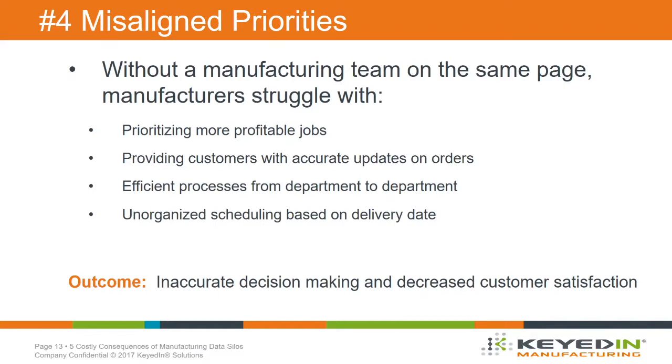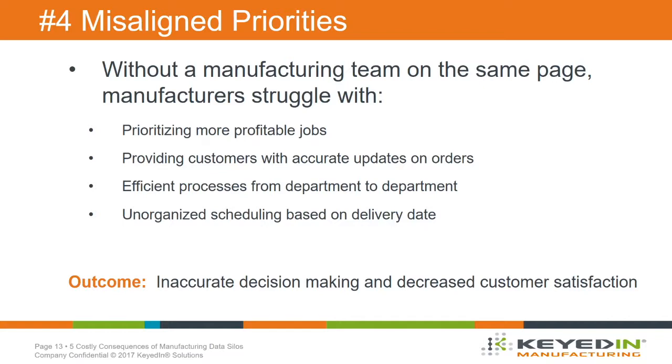The fourth thing we often encounter is misaligned priorities. Again, when we are not all working with what I call that sole source of truth, or all of us working on the same page, very often we see conflicts of interest arise. Very often we see different departments prioritizing jobs differently, providing customers with wrong or inaccurate data.